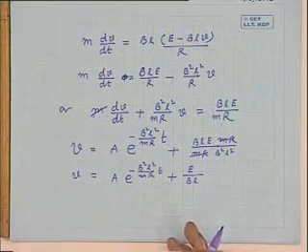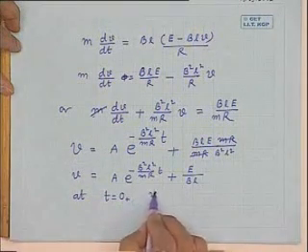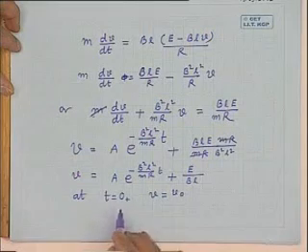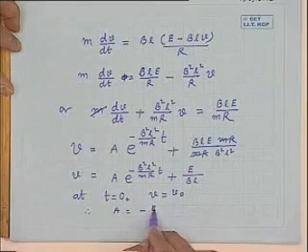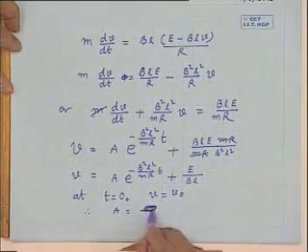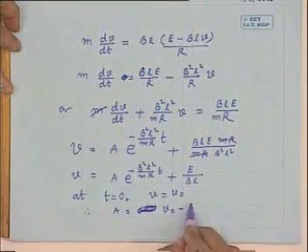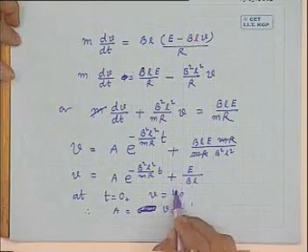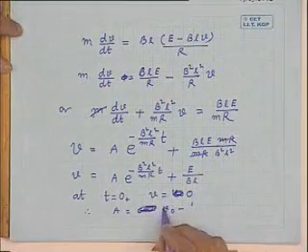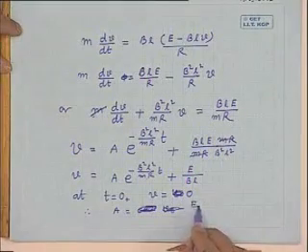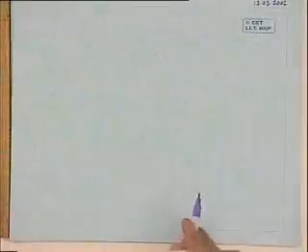Velocity cannot change instantaneously because it has an inertia m. Therefore at t equal to 0 plus, v is equal to v naught. I'm sorry, initially velocity was 0, because it was stationary initially. So v equal to 0, therefore A will be equal to minus E by BL.